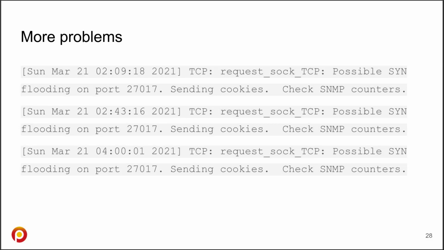More problems, and this time from the Linux perspective. If you look at the messages, you can see that because operations start to queue, and the application does not have a connection pool properly configured, the application says, okay, I need this data, and starts opening a lot of connections requesting the same things.